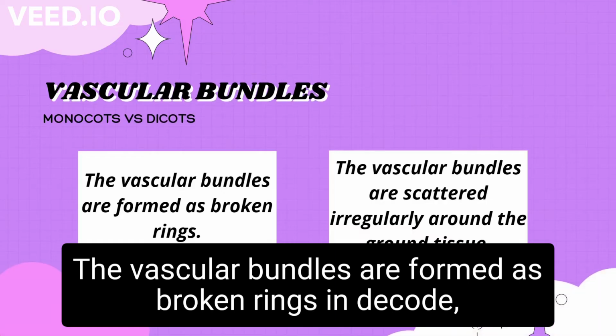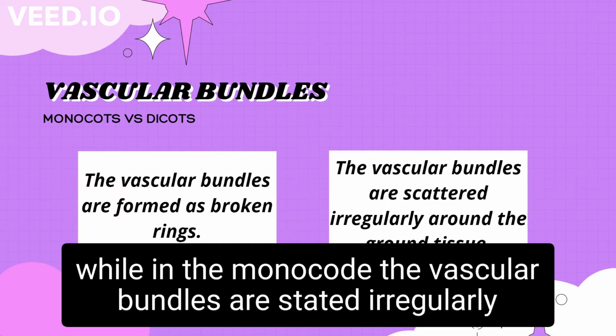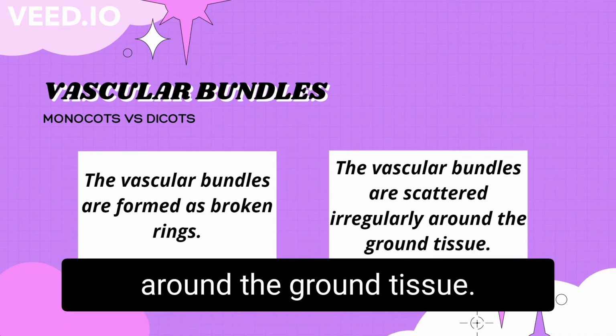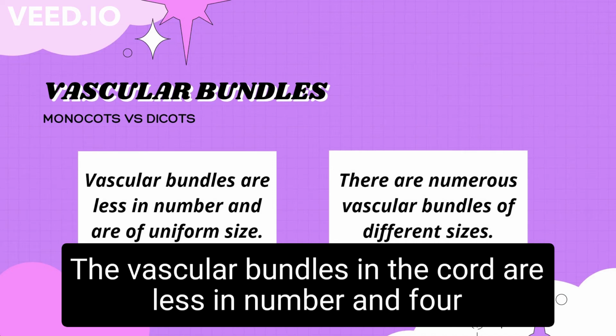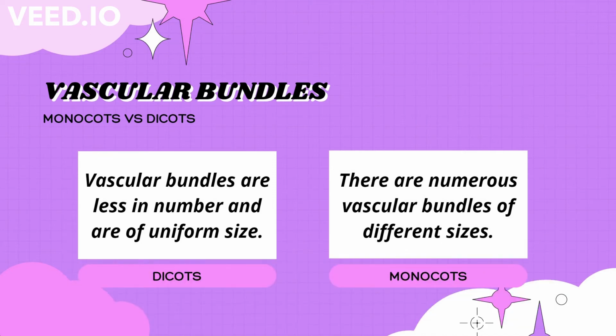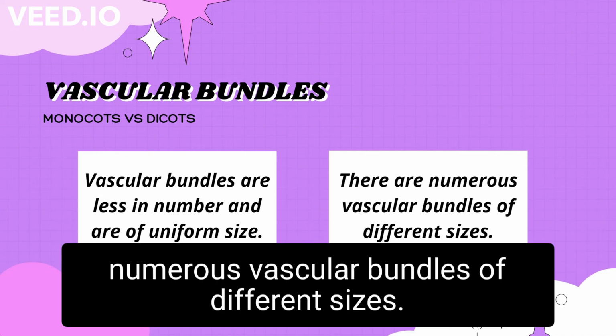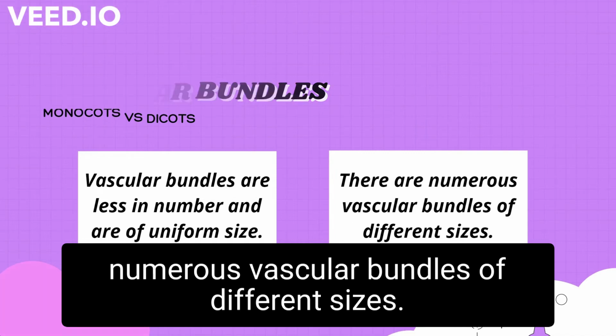The vascular bundles are formed as broken rings in dicots, while in monocots the vascular bundles are scattered irregularly around the ground tissue. The vascular bundles in dicots are fewer in number and uniform in size. The monocots have numerous vascular bundles of different sizes.